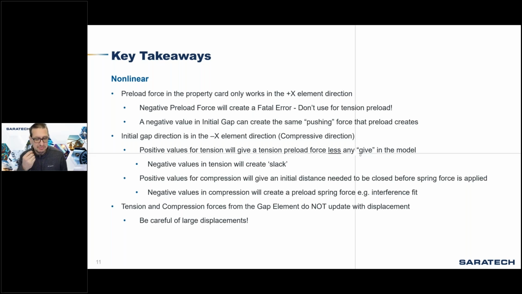Either displacement needs to be closed before compression stiffness applies, like there's a gap there, or there's a slack in your tension from whatever strapping you might be using. Something I didn't demonstrate in this one, but I believe I did in the previous video I did on gap elements as contact, is that tension and compression forces from the gap element do not update with displacements, so be careful of large displacements.